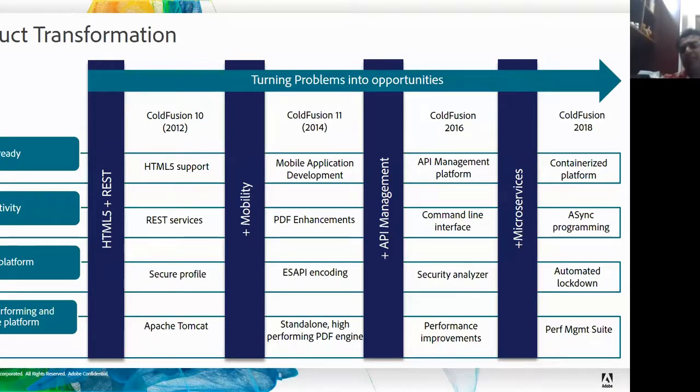And this is how we have transformed the product over the last few releases, with the most recent one being the API management platform, which is really interesting because we are getting a lot of traction for the API management platform that we introduced in ColdFusion 2016. Just to give you some sense of the data, 71% of our customers already build REST-based services.